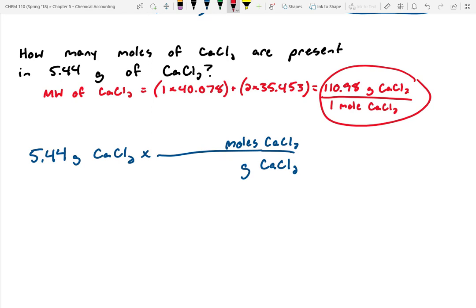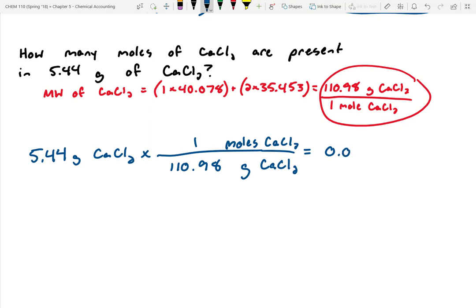So does that mean I put the 110.98 on the top or the bottom? On the bottom, right? It's really important that that large number gets coupled with the grams because it's the grams per mole. So it should be 110.98 grams for every 1 mole. And our final answer should contain 3 sig figs.